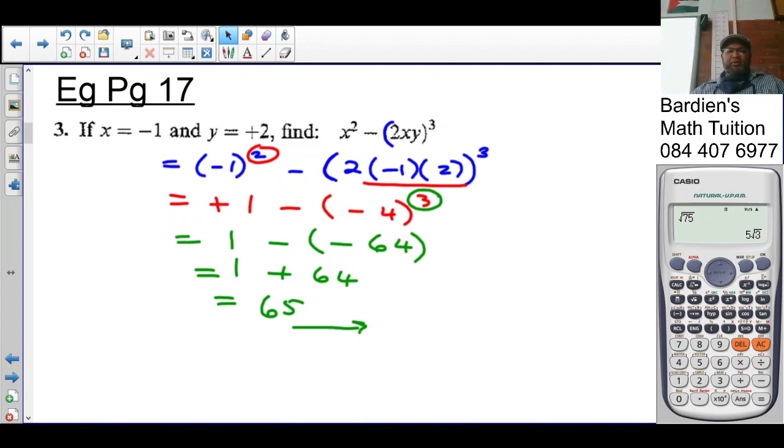So what we're going to do now is we're going to choose a few sums from exercise 3 on page 17. Give you a chance to practice this. So we're going to do only the odd numbers of number 1. Okay? Is that okay? So it's exercise 3.